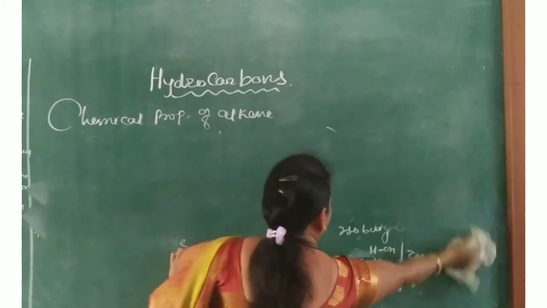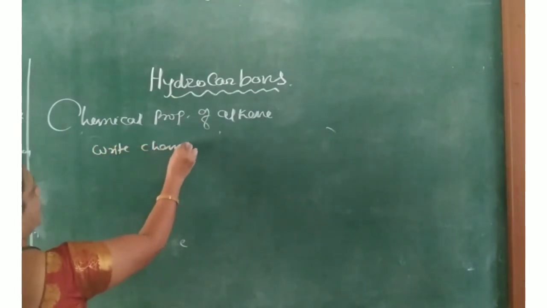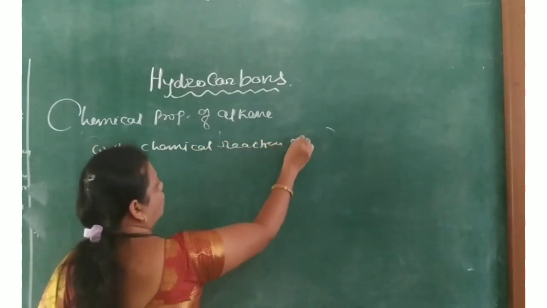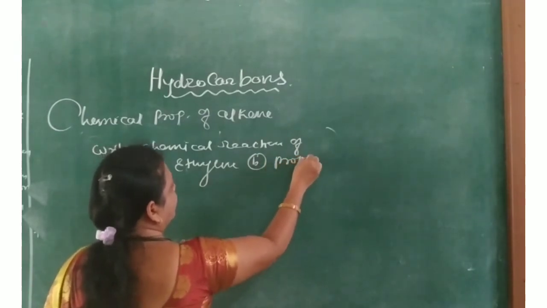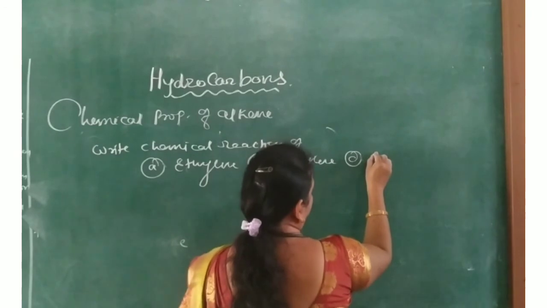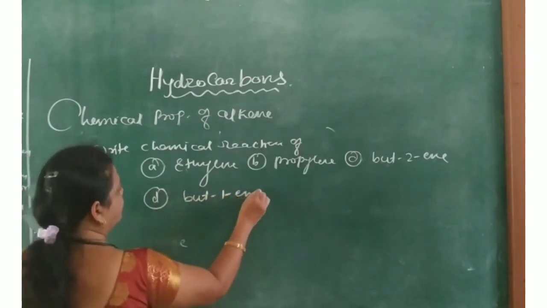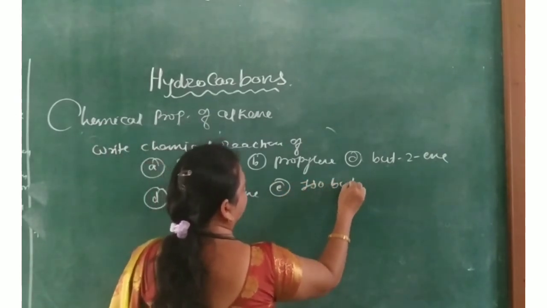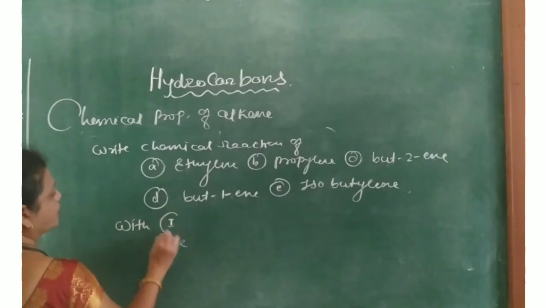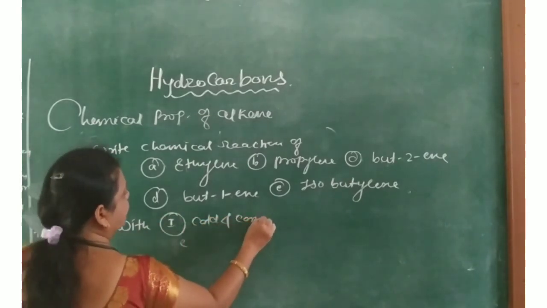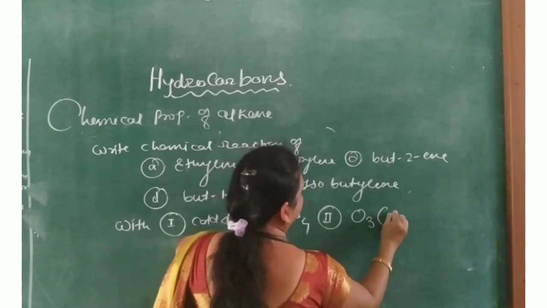Write chemical reactions of A, ethylene, B, propylene, C, but-2-ene, D, but-1-ene, and E, isobutylene, with first cold and concentrated H2SO4 and second, O3 ozonolysis.